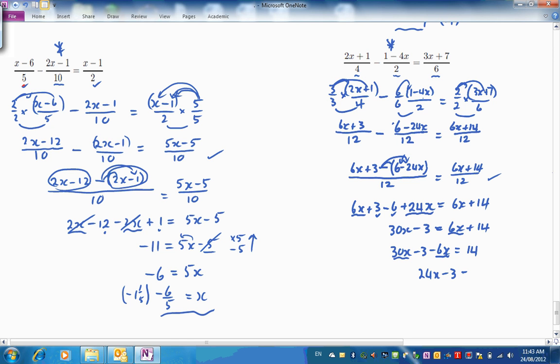Take 3 equals 14. What's been done to x? It's been times by 24, and 3's been subtracted. So we'll go in reverse now. We'll add 3. 24x will equal 17. And then dividing both sides by 24, we get 17/24.